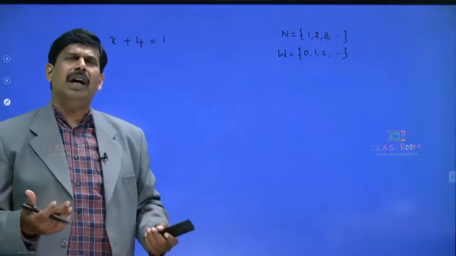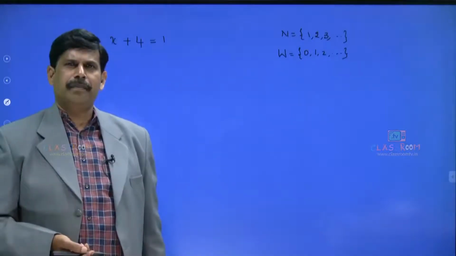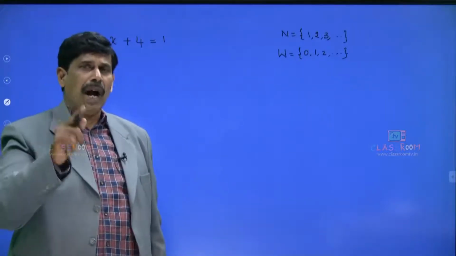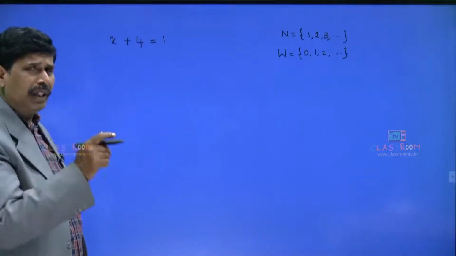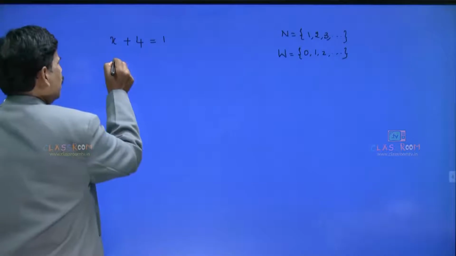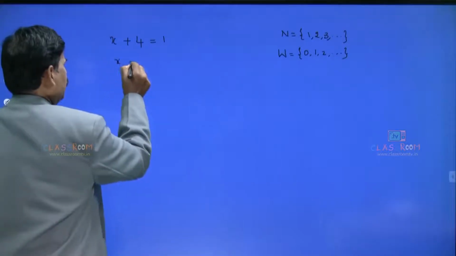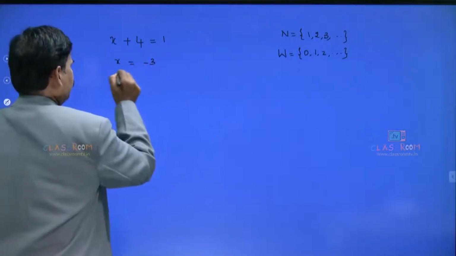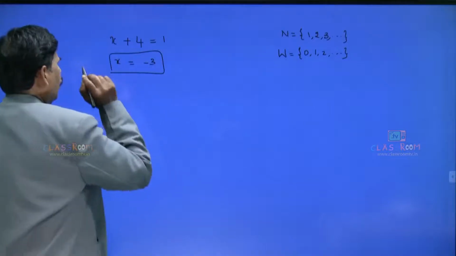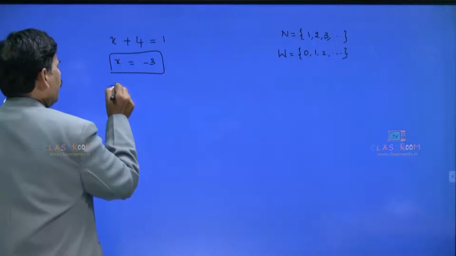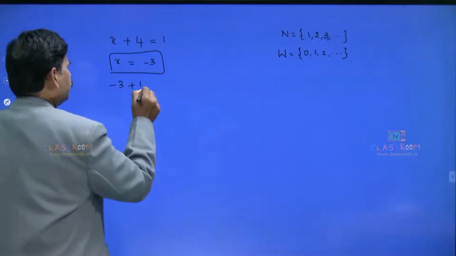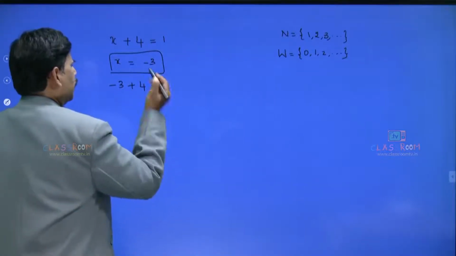So now what could be the answer for this? To have the x value here, x must be minus 3. When x is equal to minus 3, then minus 3 plus 4, the result is 1.